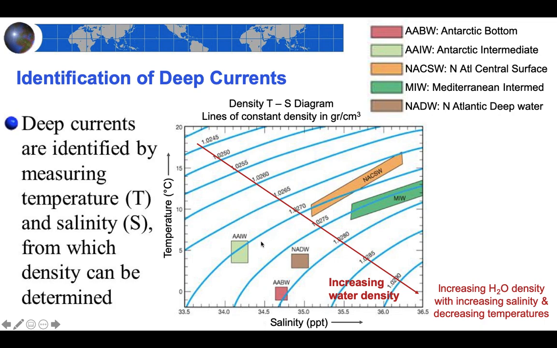So if you look at where they are, they're both sitting on the same 1.027 gram per cubic centimeter isodensity line curve.